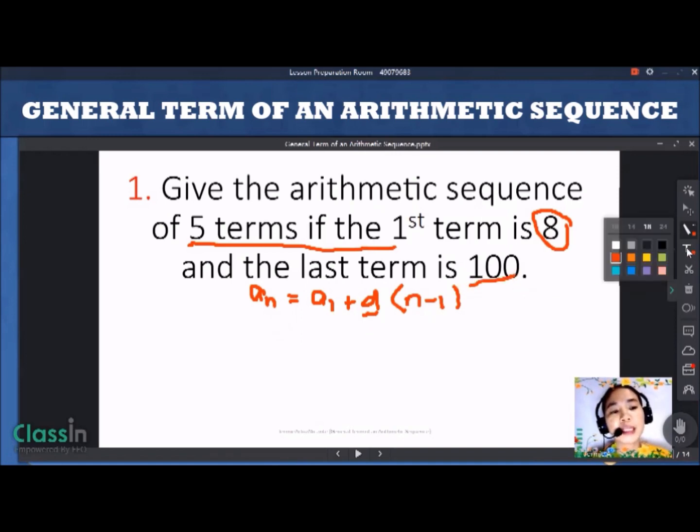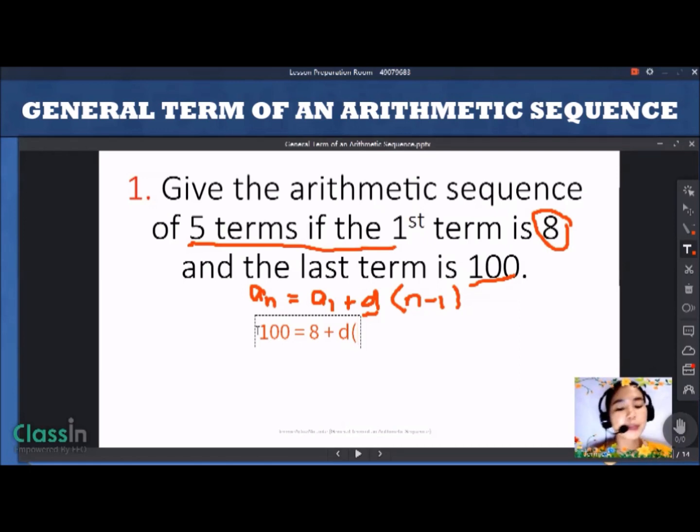We will replace this with 100. Is equal to, what is our a sub 1? It's mentioned in the problem, that is 8. Plus d. We're looking for d actually. And then our n, or the number of terms, is actually 5 because we only have a sequence of 5 terms. So that will be 5 minus 1.